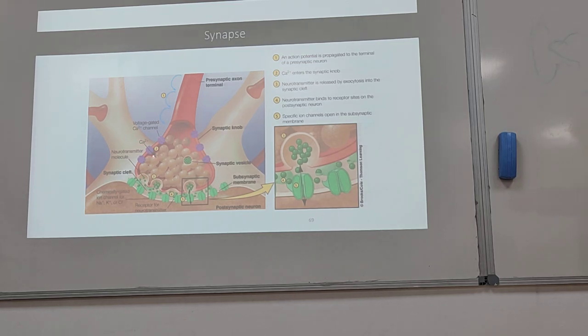The calcium goes in and this green thing we call neurotransmitter. So the neurotransmitter is released. When it is released, this is the second neuron. Here are the receptors. So it binds with the receptor and it opens the channel for sodium, or it can open the channel for chloride.